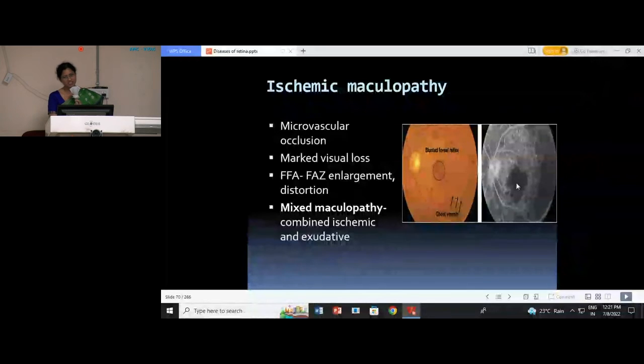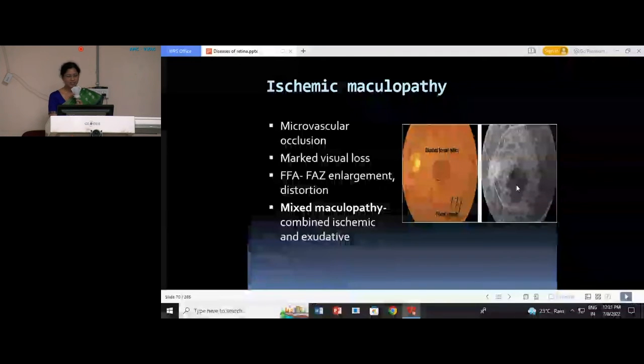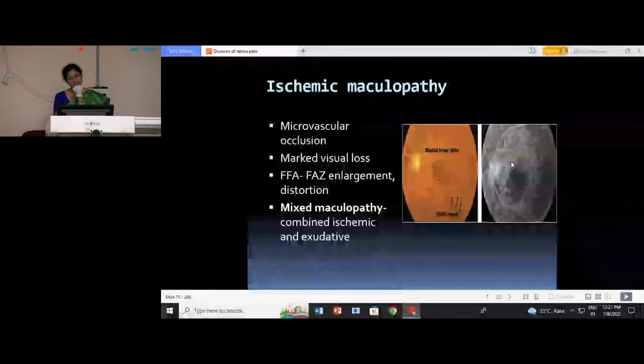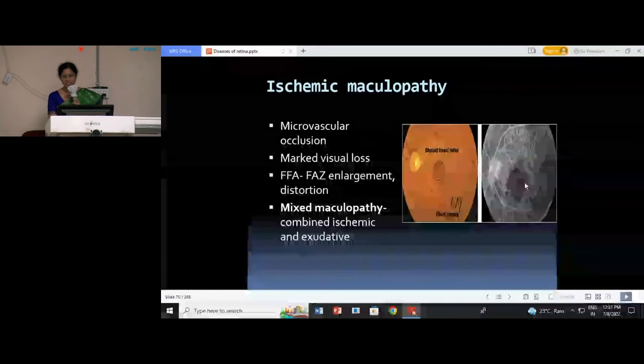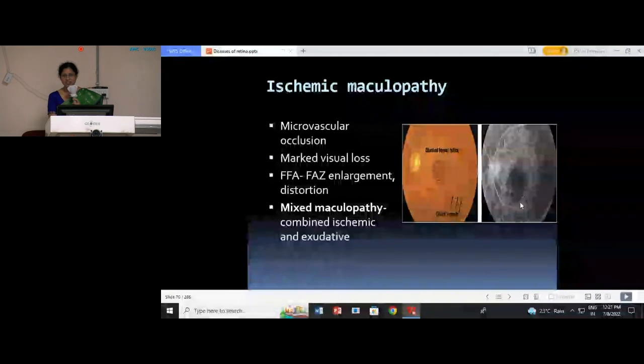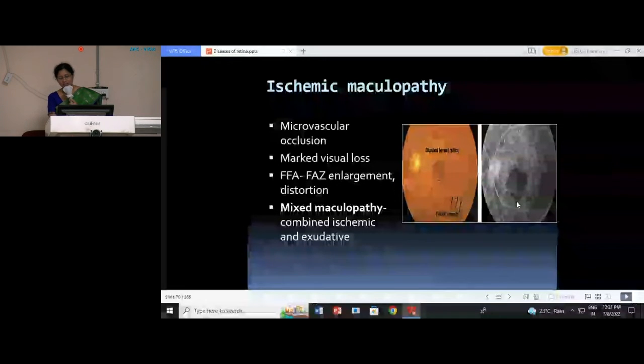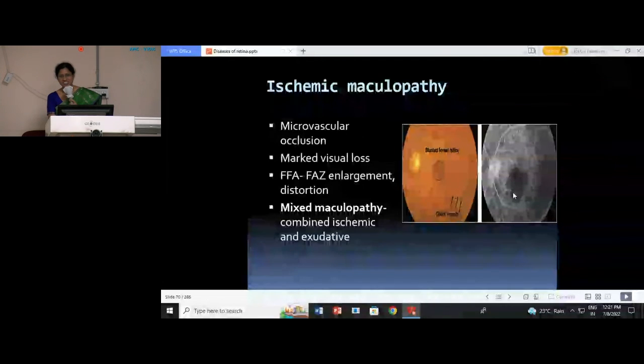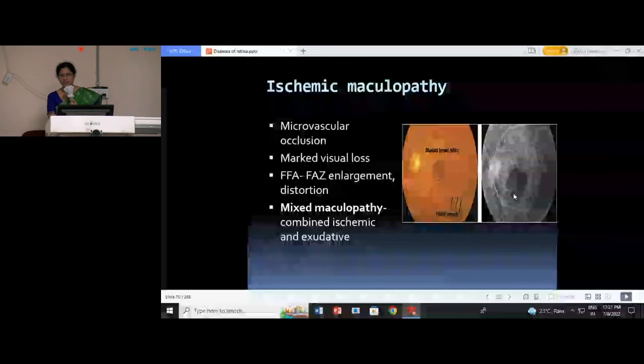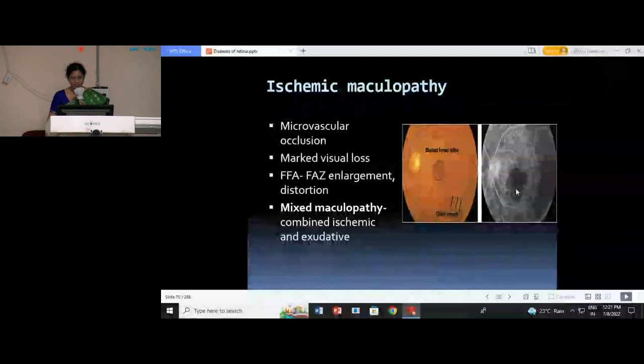But in ischemic maculopathy, because of capillary occlusion, there will be enlargement or distortion of the foveal avascular zone. Are you able to see that there is a hypofluorescent area? This is due to macular ischemia, due to lack of blood supply, due to capillary occlusion. So this is ischemic maculopathy.